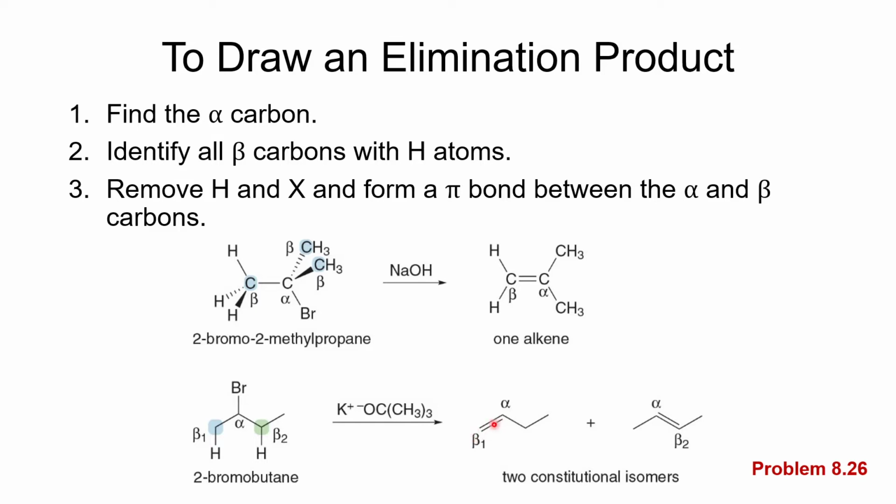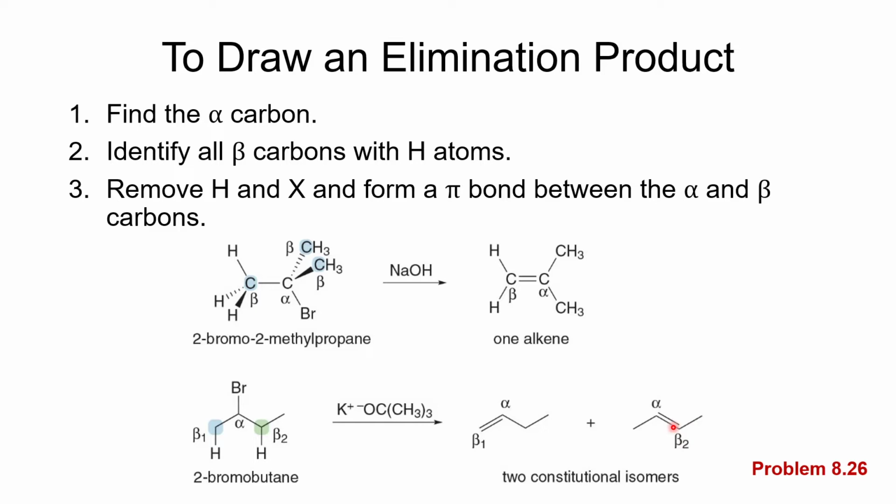If we eliminate between carbon 1 and 2, we will end up with 1-butene. And if we eliminate between carbon 2 and 3, we will end up with 2-butene. And there is also a possible stereoisomer of this. We will talk about that a little bit later.